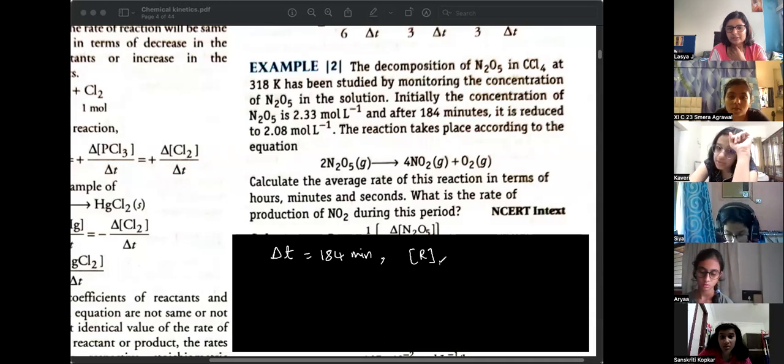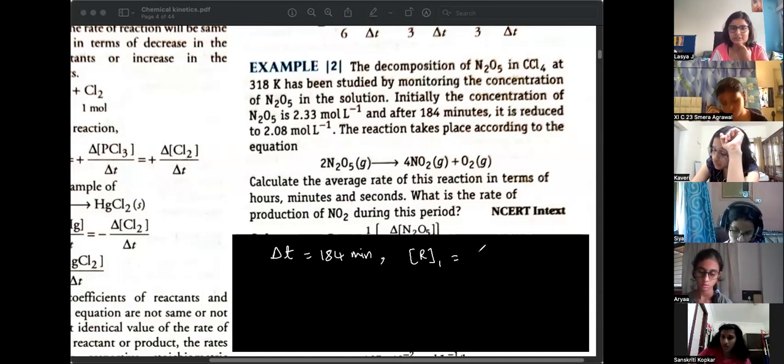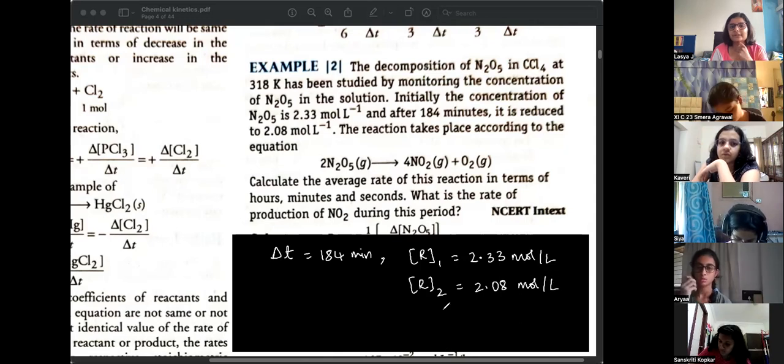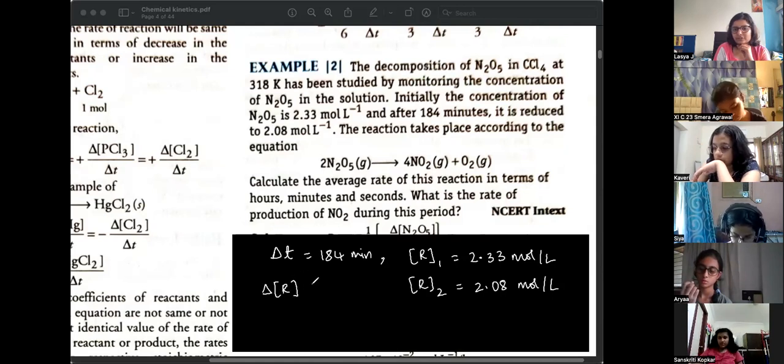Just calculate in minutes. You don't have to do all three. Minutes is the most direct one. So from this we have delta T. You need to calculate delta of the concentration of the reactants.